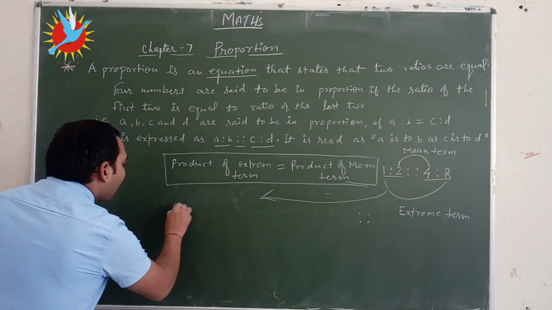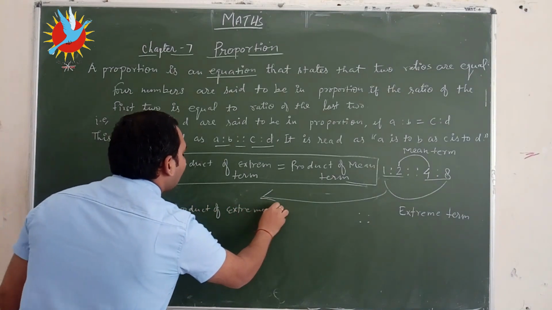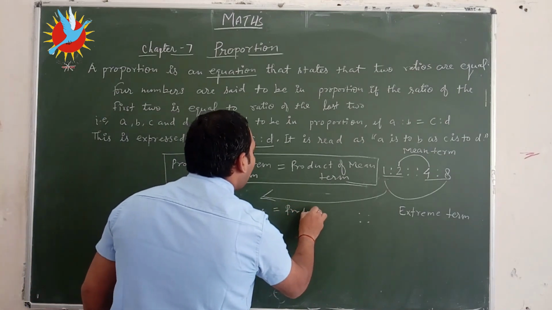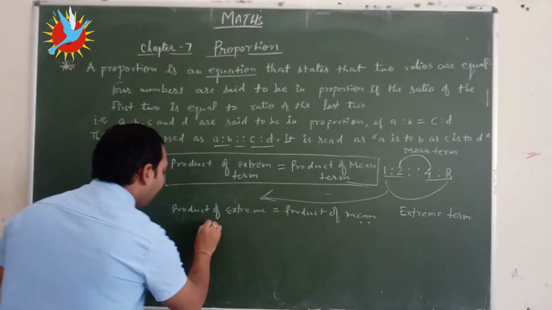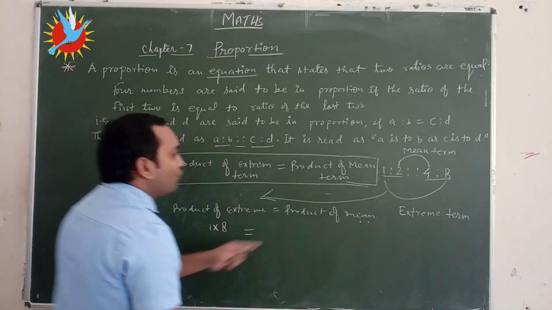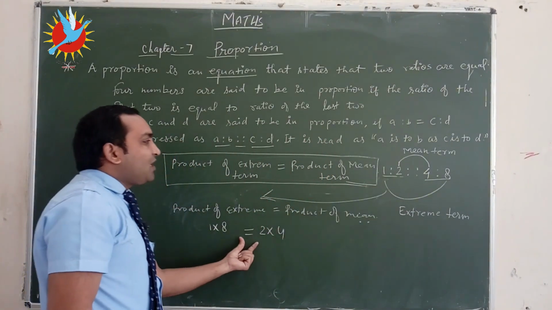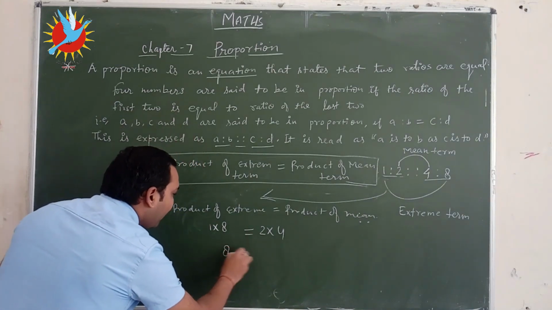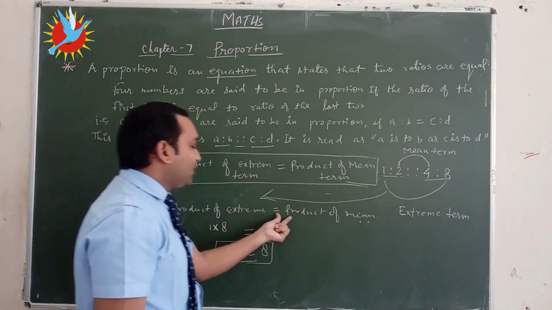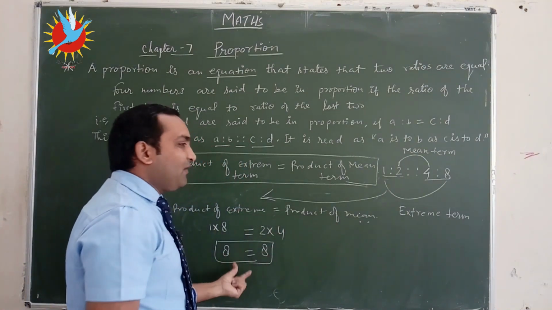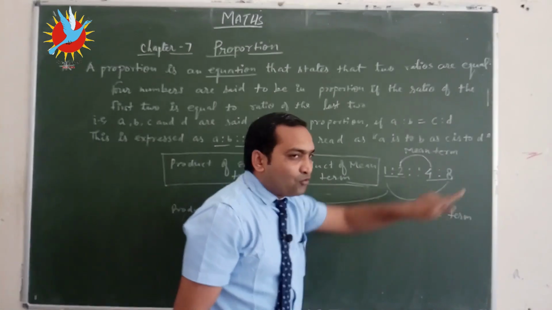Product of extremes is 1 into 8, and product of means is 2 into 4. 1 times 8 is 8, and 2 times 4 is 8. So the product of extremes is equal to the product of means. Then we can say that 1 is to 2 proportion 4 is to 8.